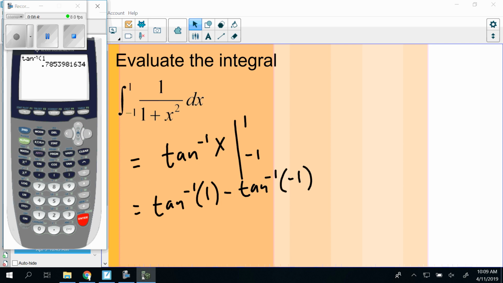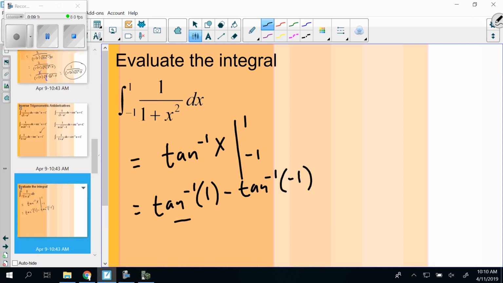Our angle here is in radians, so that means our angle includes pi in it. So if we divide out the pi, we should get hopefully an exact answer, and we see that the remaining part after dividing out pi is 0.25 or 1/4. So that tells us inverse tangent of 1 is pi over 4.